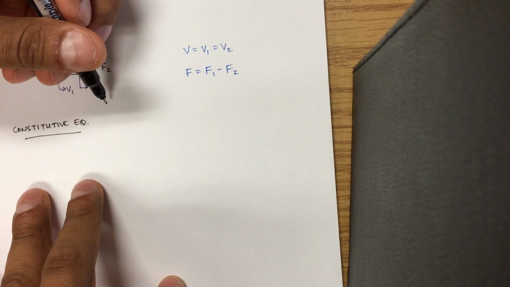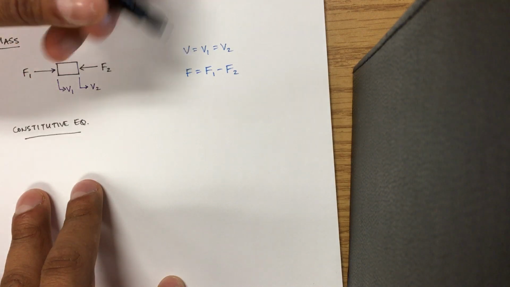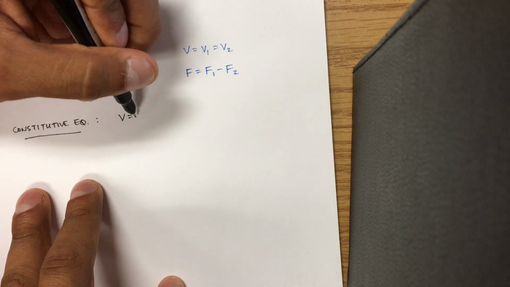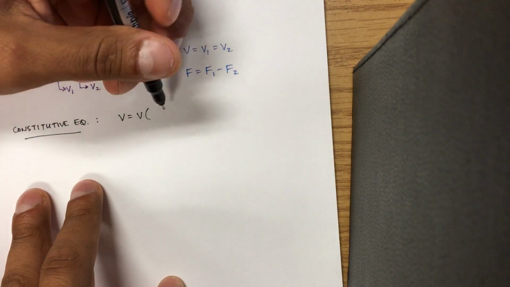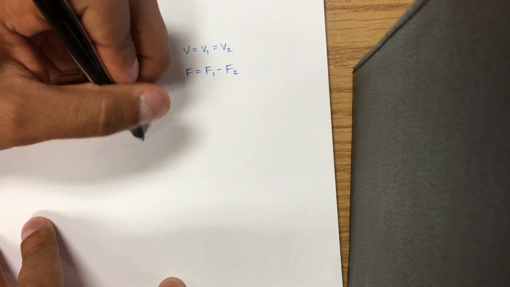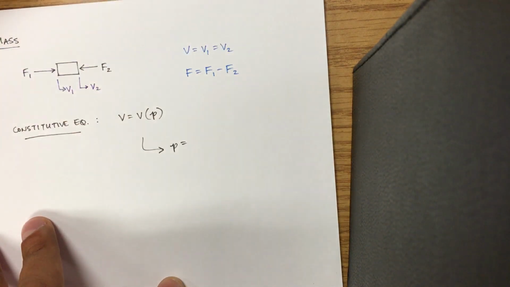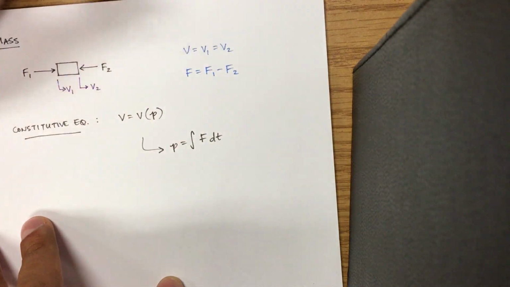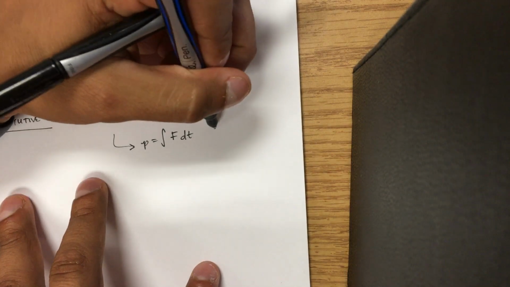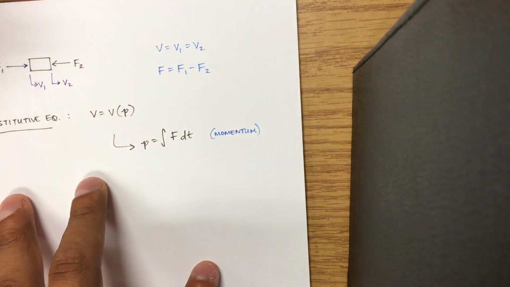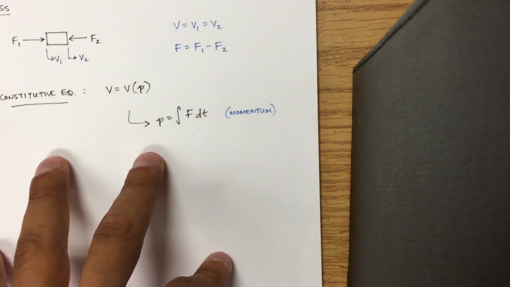So we're trying to characterize here the relationship with the force here, the flow term, V, and we want to see how it relates to the momentum, our momentum term. So again, recall that we can calculate the momentum, P, by integrating the force F with respect to time. So let's not forget our momentum variable, P.